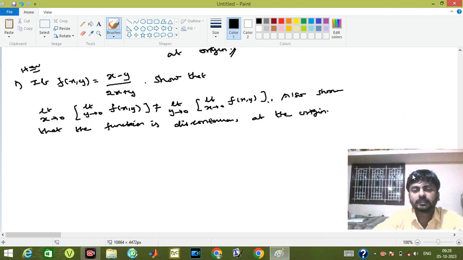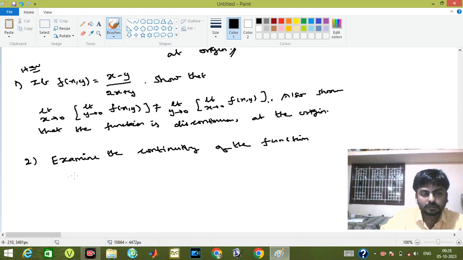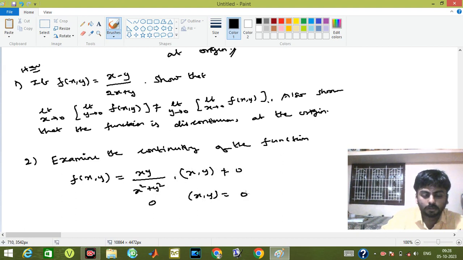The second problem is, examine the continuity of the function f of x comma y equals xy divided by x square plus y square, where x comma y is not equal to 0 comma 0, and f is 0 when x comma y equals 0 comma 0.